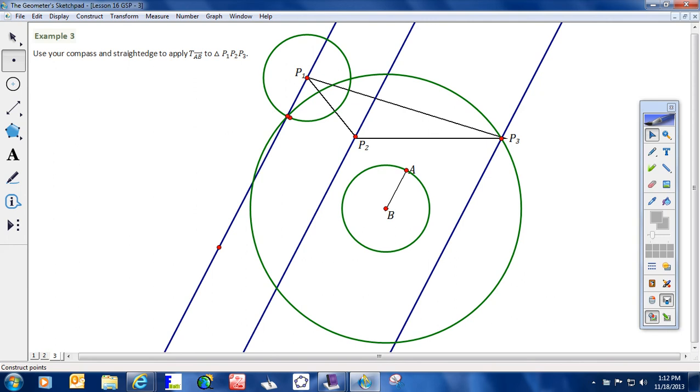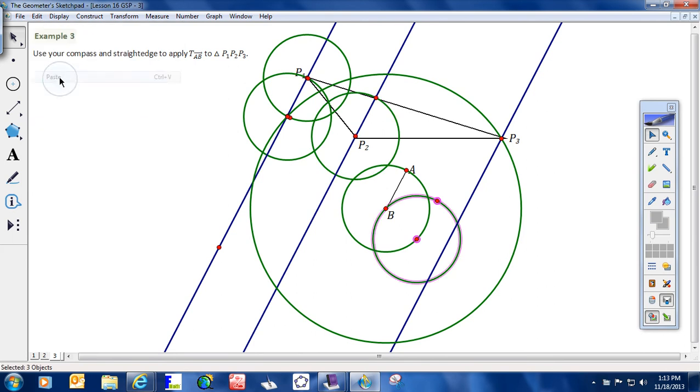On here. I'm messing this up. I could probably do this. Edit, copy. And paste it. There we go. Yay. Paste it again. Yay. Paste it a third time.